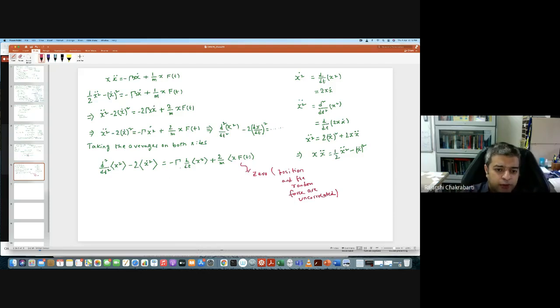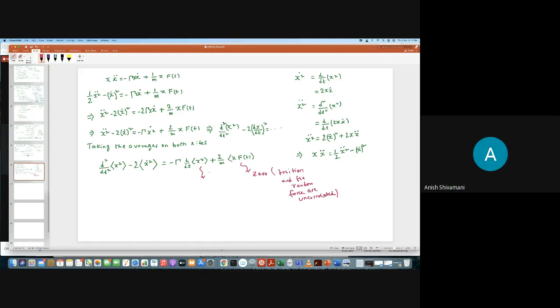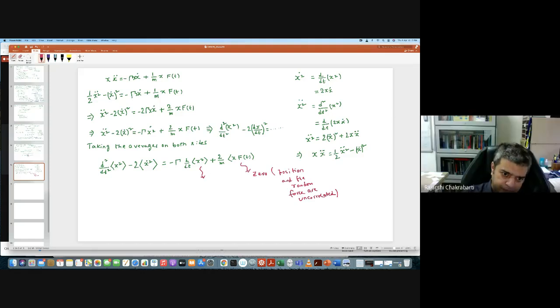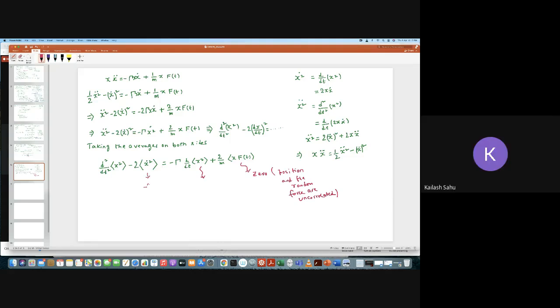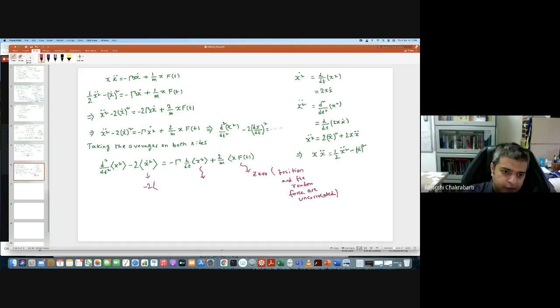Now what about the other quantities? Can anyone tell me? What about x square average? Non-zero. Okay. What about x dot square? That is also non-zero. What is x dot whole square?